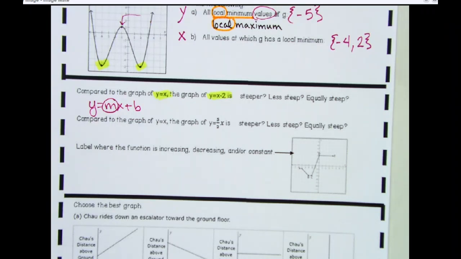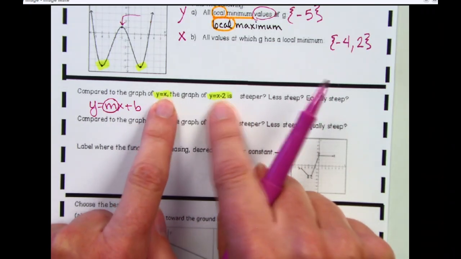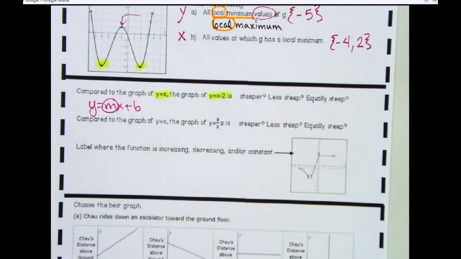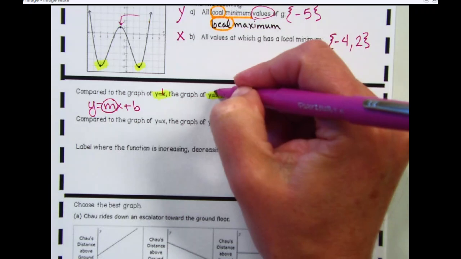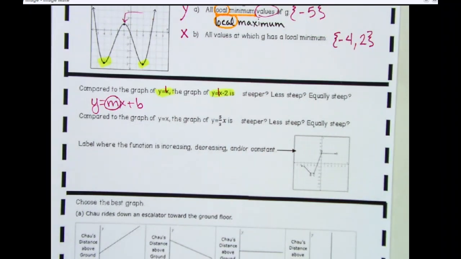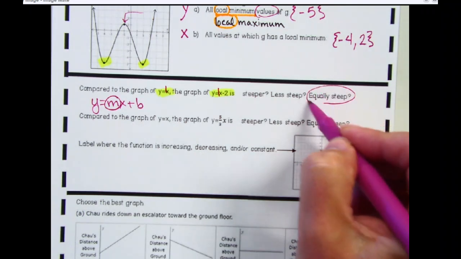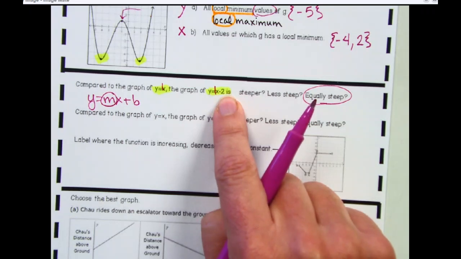Slope. So if you look at both of these, what's in front of the x? If it's not written, what number do we assume it is? It's 1x, right? So if this one has an m of 1 and this one has an m of 1, is their slope the same or different? It's the same. So if their slope is the same, aren't they equally steep? Yeah.